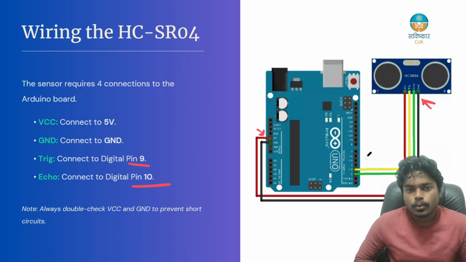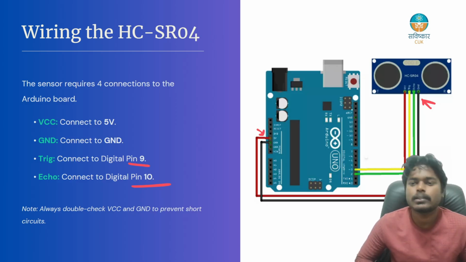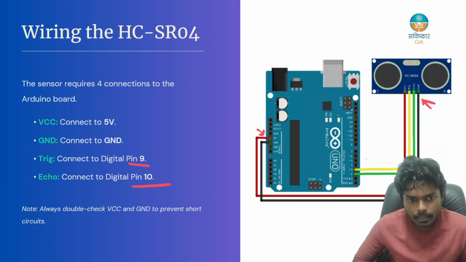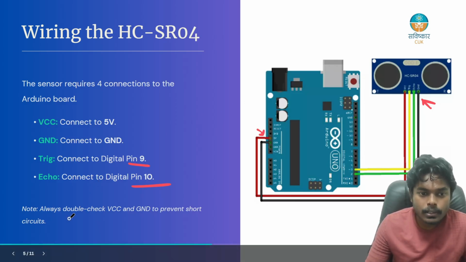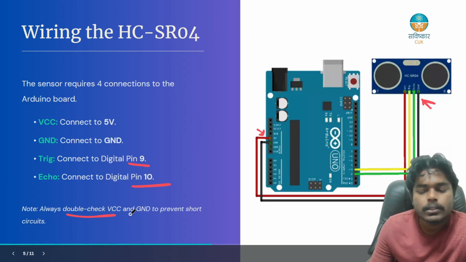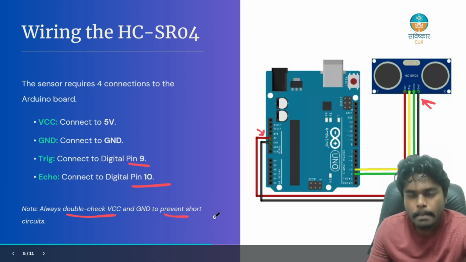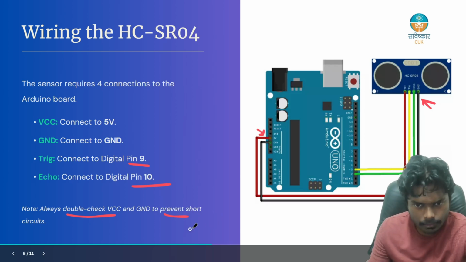That way one will be for generating the sound wave and one will be to collect that sound wave. Always double check that the VCC and the ground are in the right place, to prevent a short circuit in your circuit whenever you are interfacing the ultrasonic sensor.